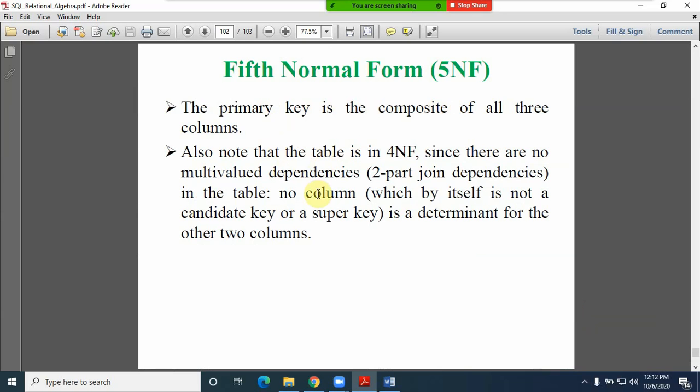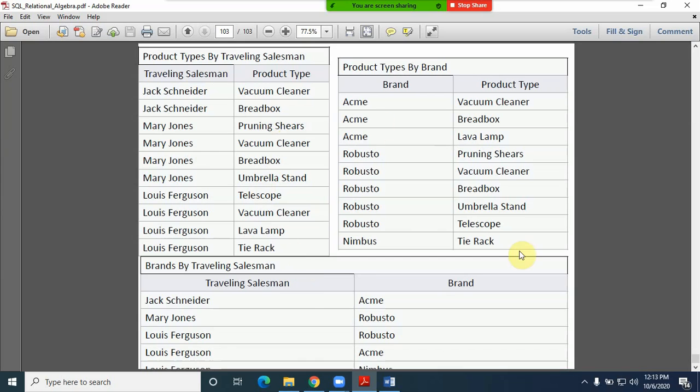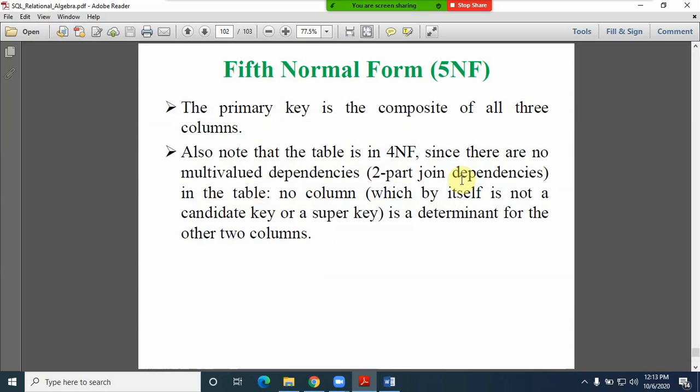Also note that the table is in fourth normal form, friends, since there are no multi-valued dependencies and join dependencies in the table. No column, which by itself is not a candidate key or a super key, is a determinant for the other two columns. So let me show you this example, friends, so that you can easily relate this particular definition.